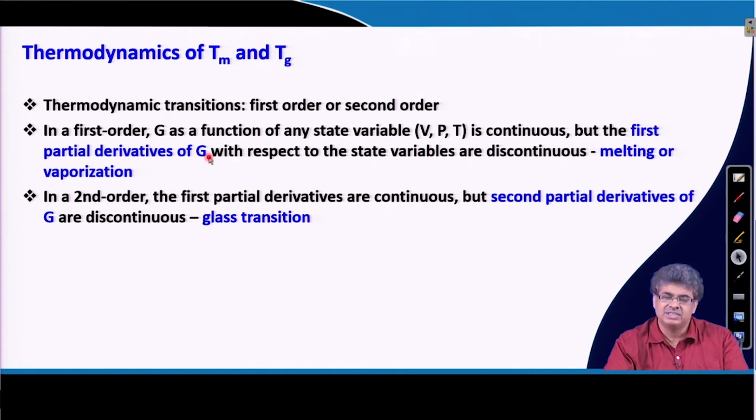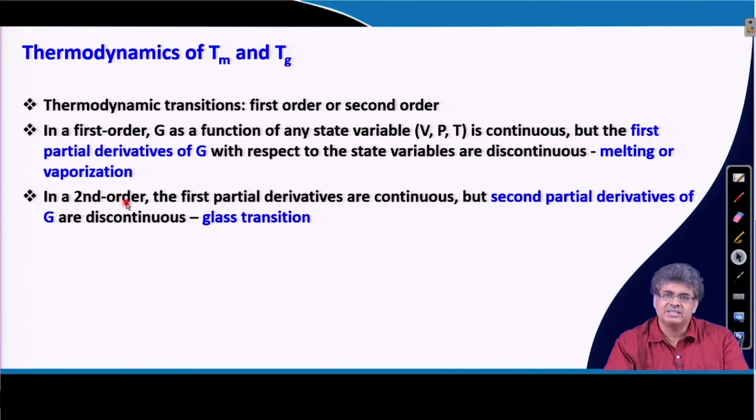But the first partial derivatives of G with respect to these variables are discontinuous. So, the first derivative is discontinuous, and we call this a first order transition, like melting and vaporization. In fact, these are the proper thermodynamic transitions.